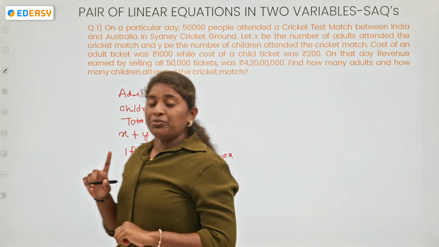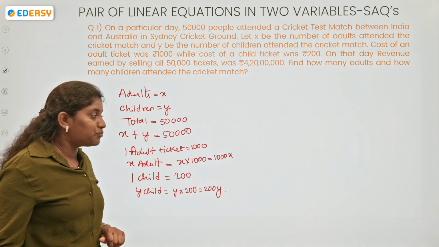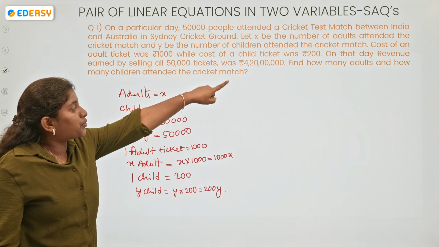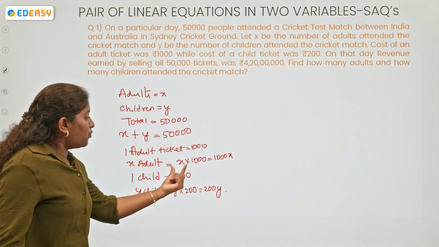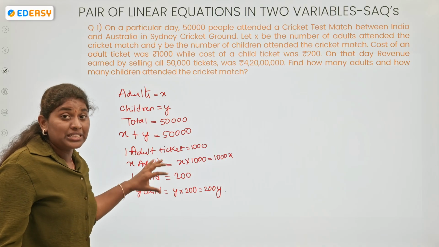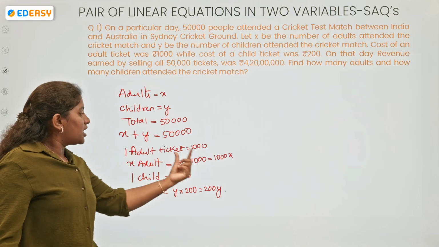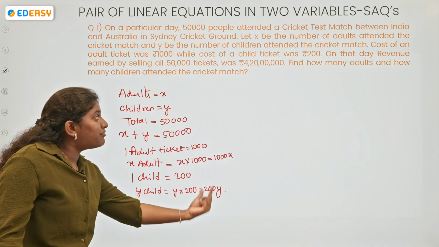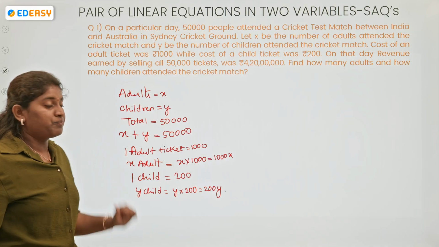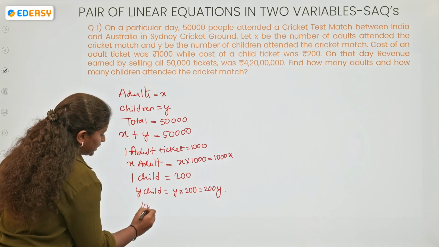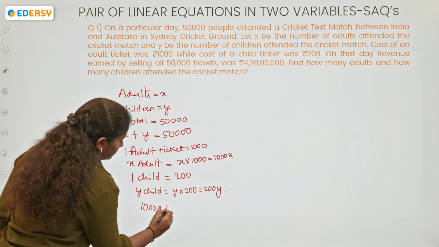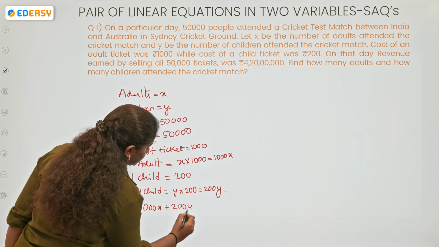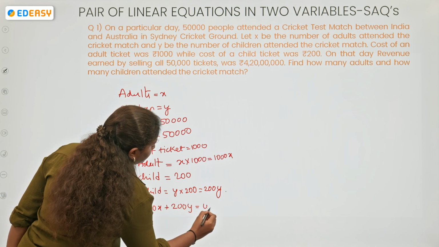So total revenue collected, what did they give? They gave it as 4 crore 20 lakhs. Now, what is the total revenue with the help of X and Y? 1,000X is the amount from the adults and 200Y is the amount from the children. So that will become 1,000X plus 200Y equals 4 crore 20 lakh.